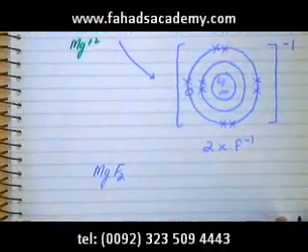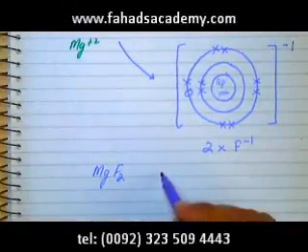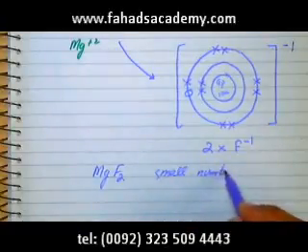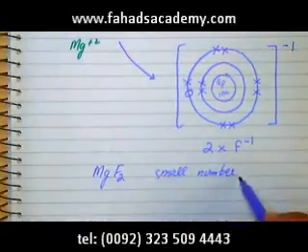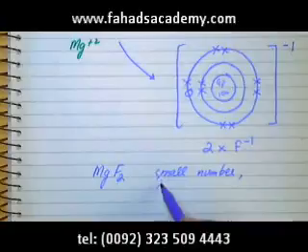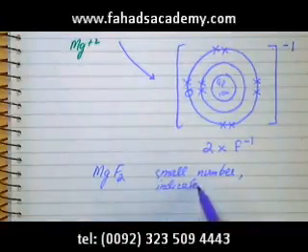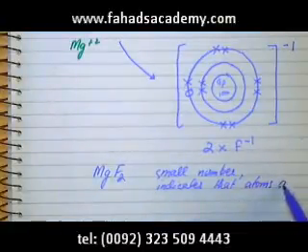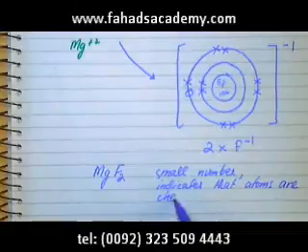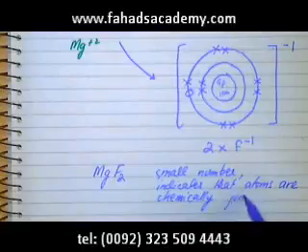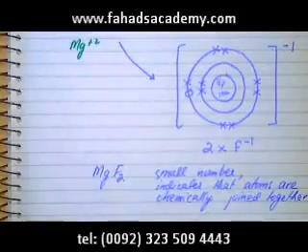Remember, a small 2 or small number in the chemical formula, a small number which appears at the bottom of the element, indicates that atoms are chemically joined together.